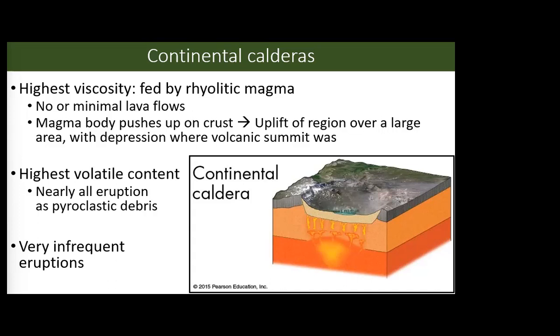As this magma body is pushing up, you get uplift in the surrounding areas. And then as you melt and expel all that magma, you get that void space. All that uplift wants to sink back to where it was. So that's how you get the crater itself.